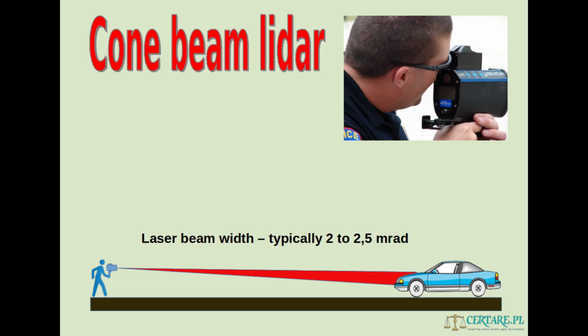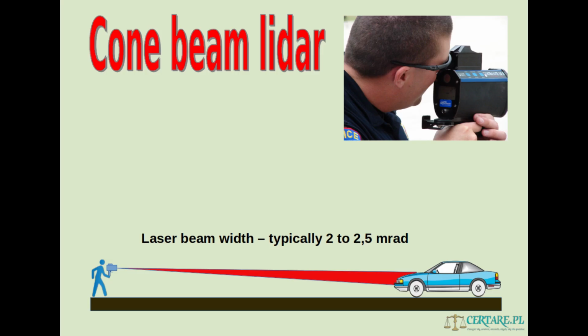Police lidars, or laser-based speed measuring devices commonly used by police today, have a very specific construction. They use a relatively wide beam, typically from 2 to 2.5 milliradians. Generally, in other applications, that beam is much narrower.